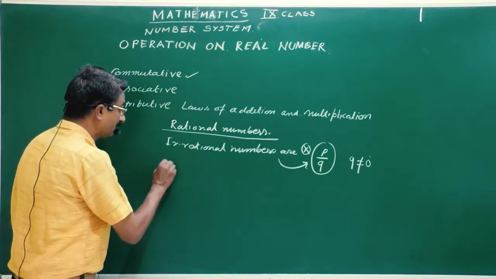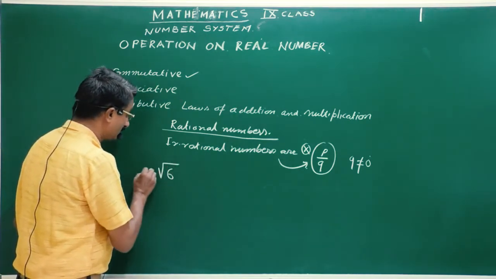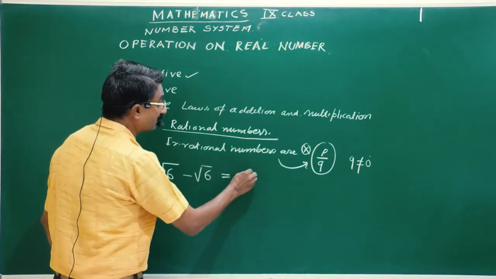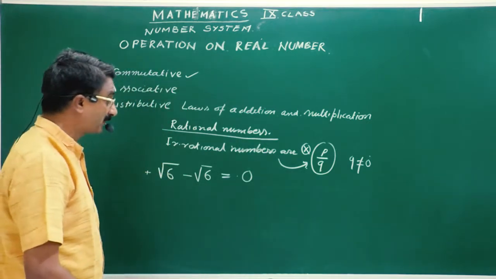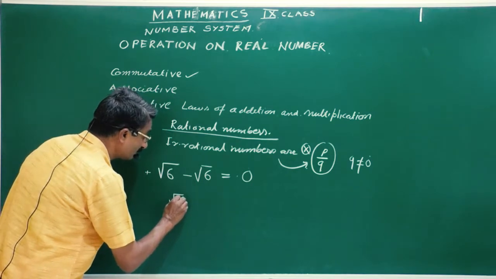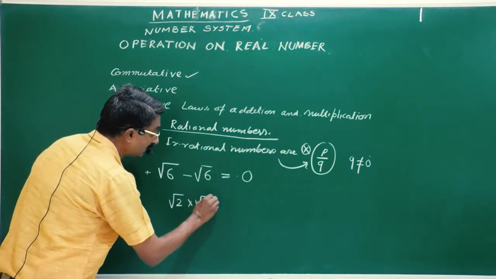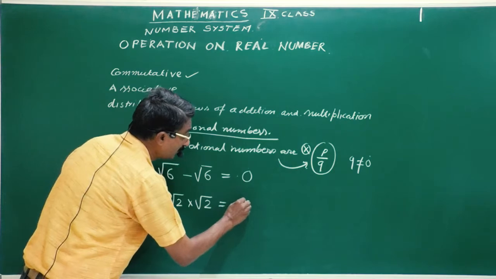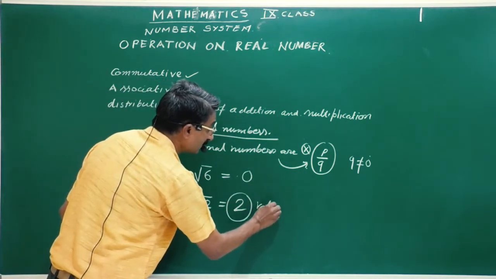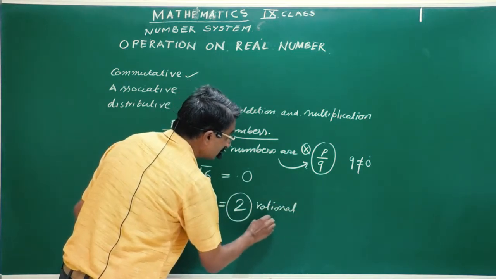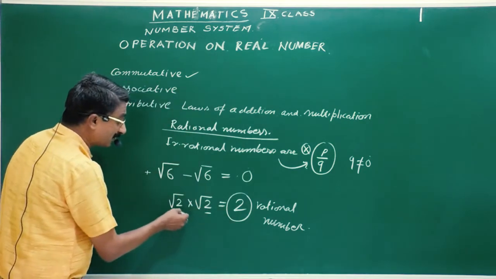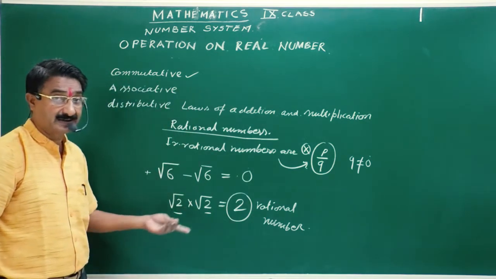Say for example, under root 6 minus under root 6 is equal to 0. Similarly, under root 2 multiplied by under root 2 is equal to 2. This is a rational number. Under root 2 is irrational, we know it.